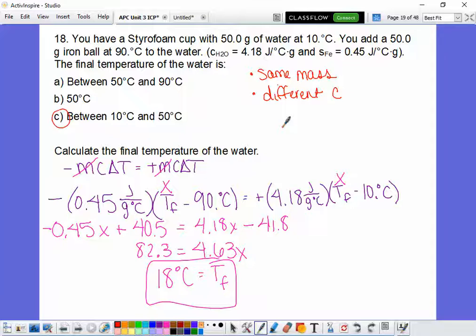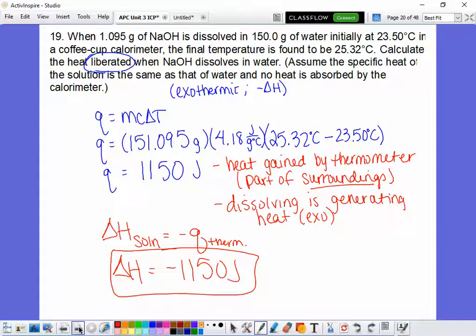Problem is, you can't really solve Q equals MCΔT for the hot water because you don't know the final temperature. So that's how we're getting here, because we have a complete transfer of energy. Here, the sodium hydroxide and the water together are producing this energy.